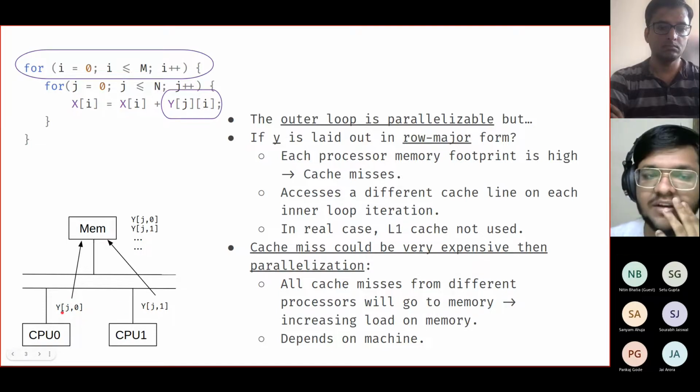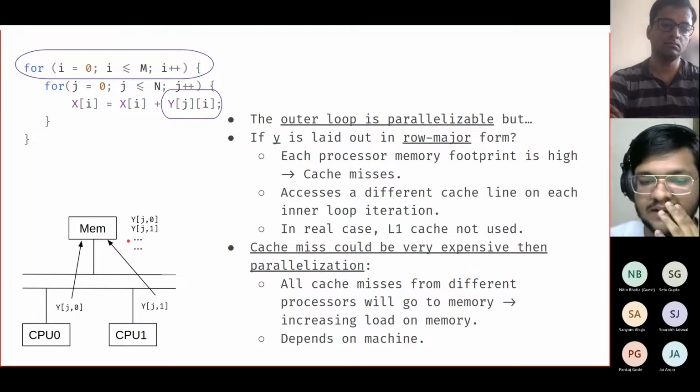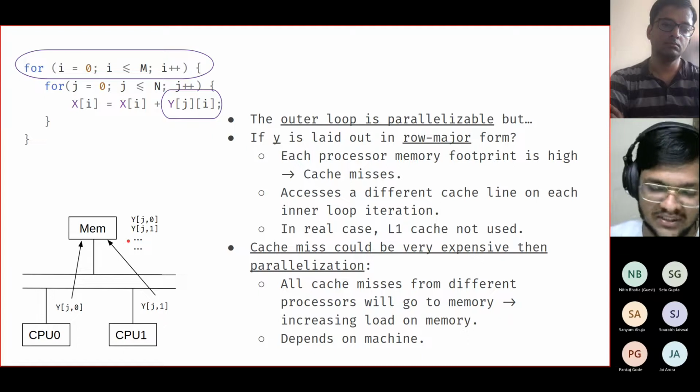Both of the CPUs are going to have cache misses, because this is not a spatially local access, and each of these cache misses goes to the memory. If all these misses get serialized in the memory, then we are going to get a larger execution time due to this.